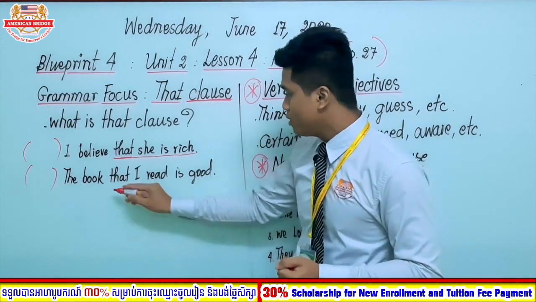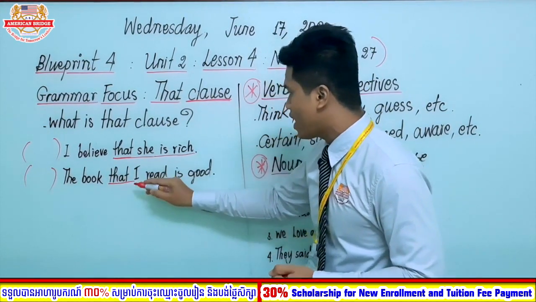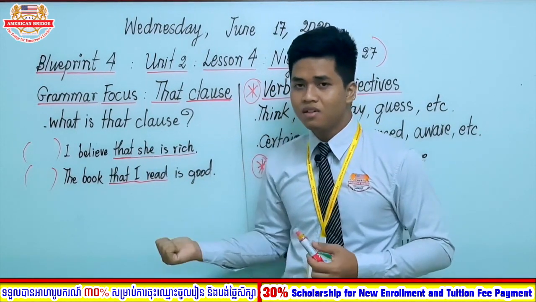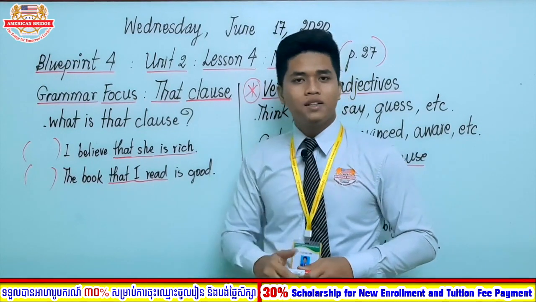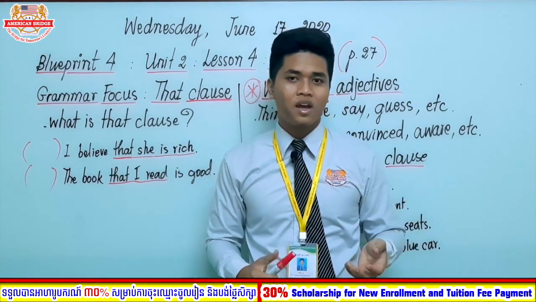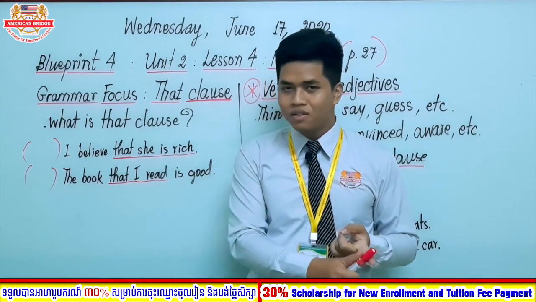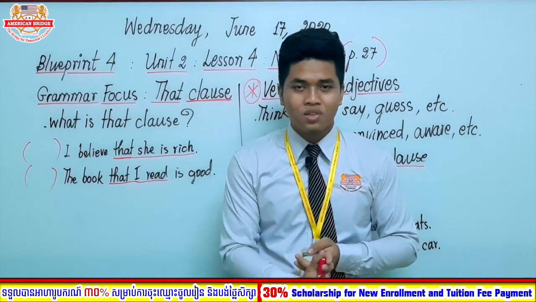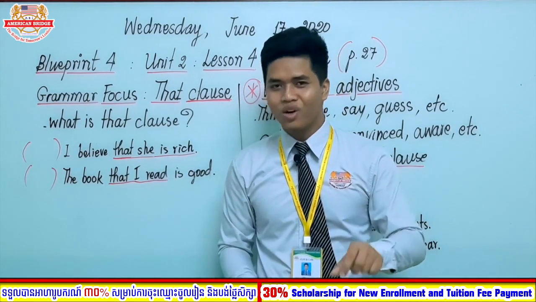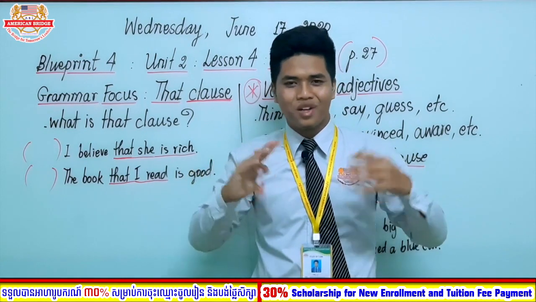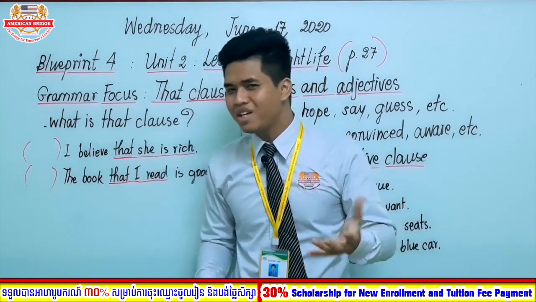The second one, that I read: we have that, we have a subject, and read is a verb. This is a that clause. But a that clause can function as a noun clause, or it can function as an adjective clause. So what is a noun clause? What is an adjective clause? Believe me, it is not really that complicated. It's a little bit easy.